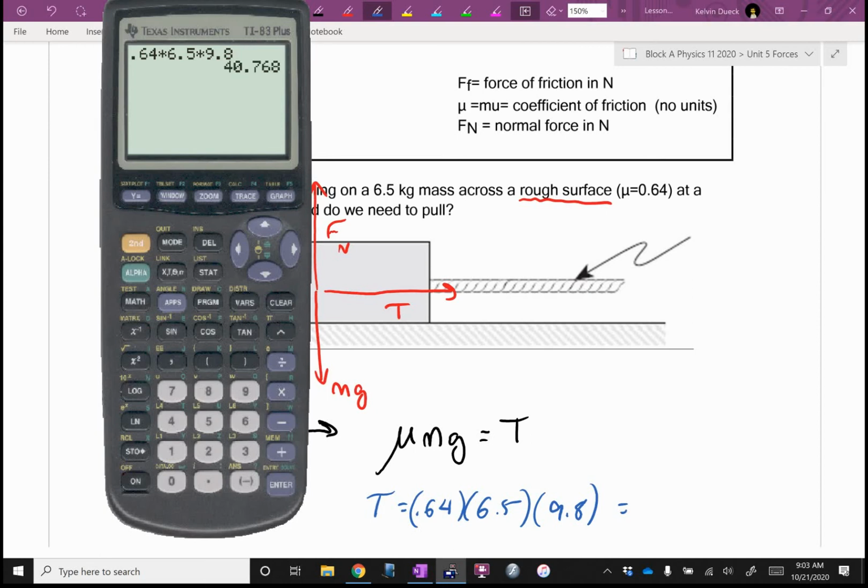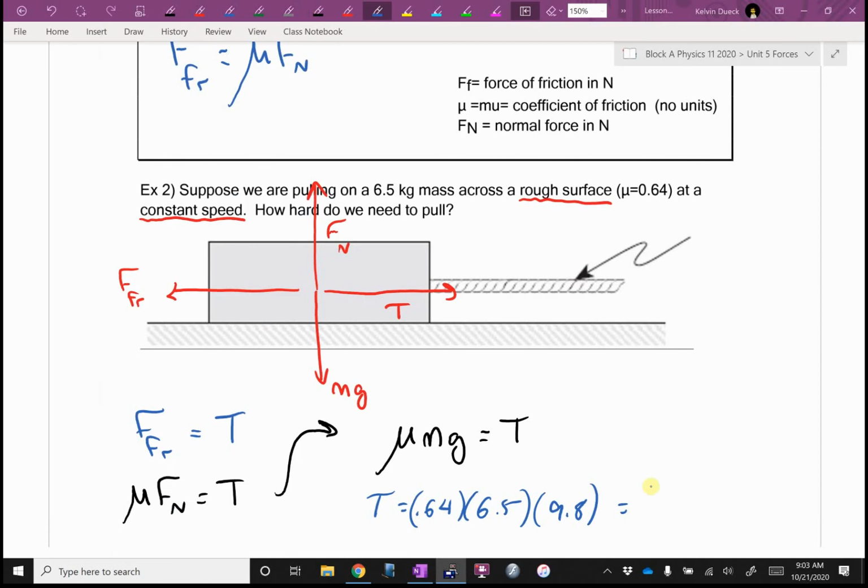Do you get 40.8? Units, it's a force. Newtons.